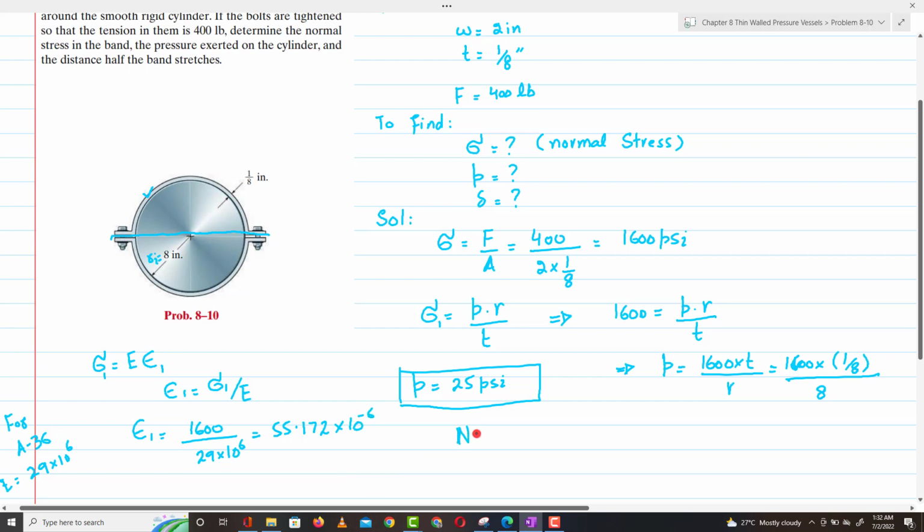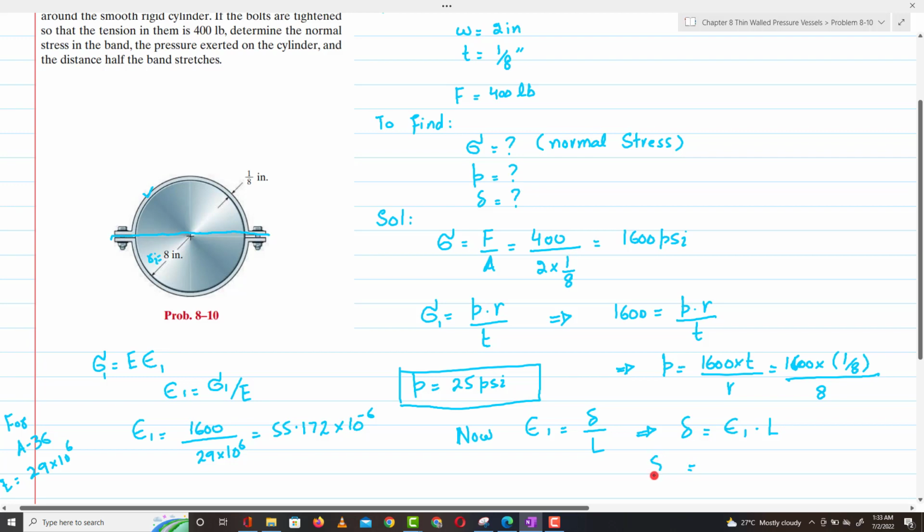Now we know that strain is equal to change in length divided by original length. And this change in length will be equal to epsilon 1 into original length.